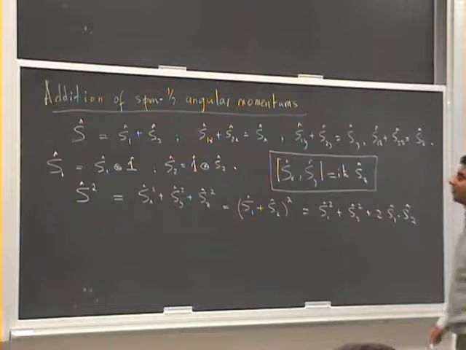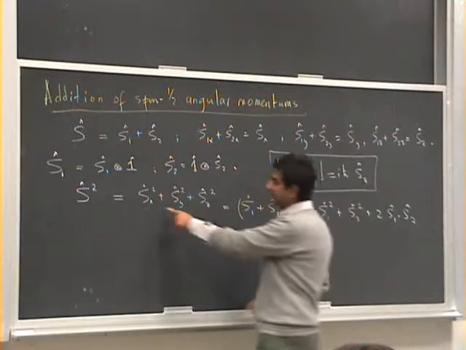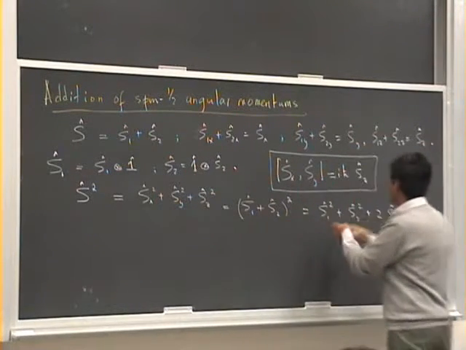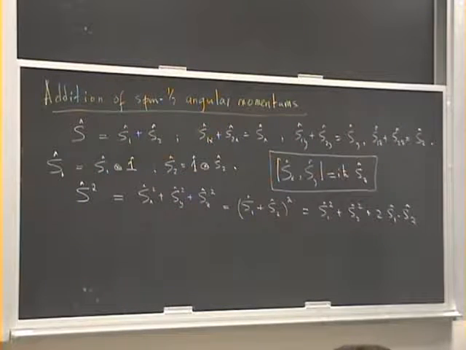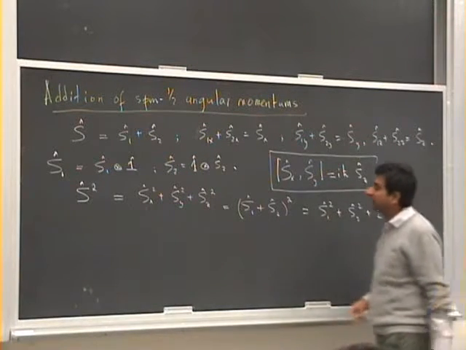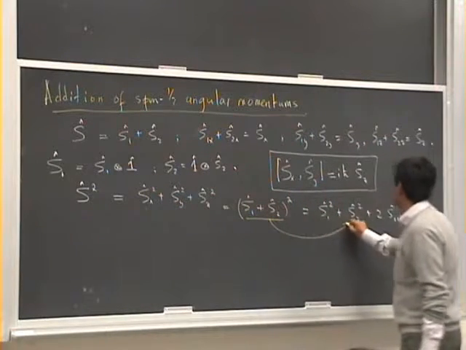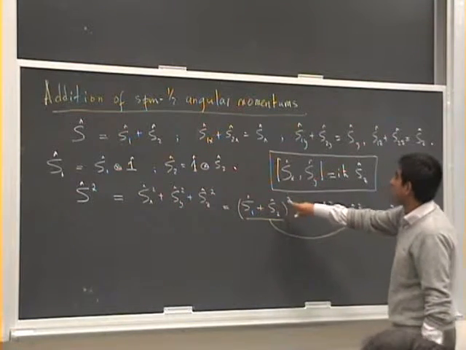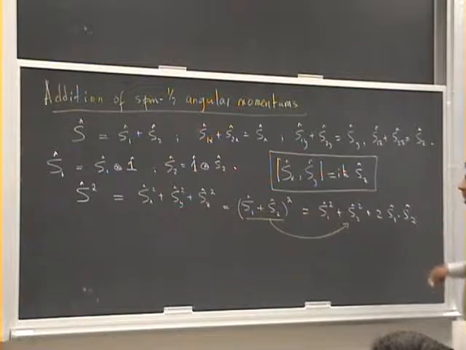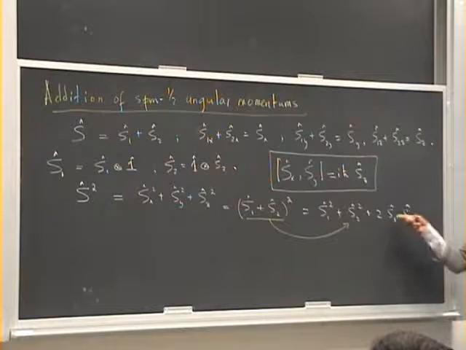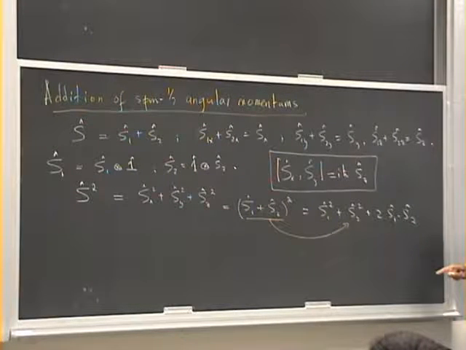Right? Now could you tell me why I am able to make this simplification? Why can I expand this square into this form? Why don't I write S1 dotted with S2 plus S2 dotted with S1? Because S1 commutes with S2. Okay, that's why I can make the simplification.